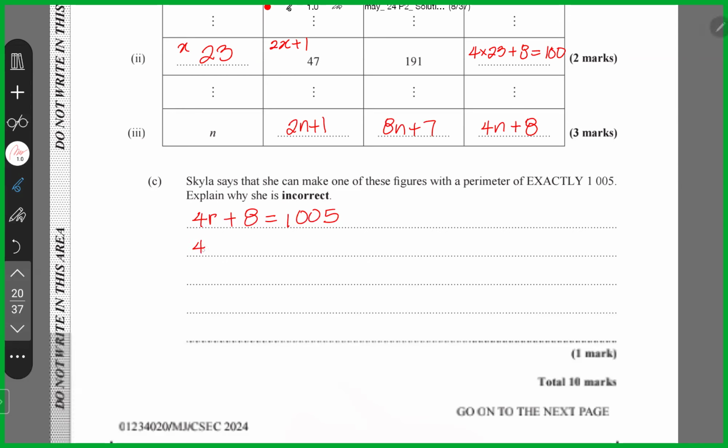So 4r would be equal to 1005 minus 8. So 4r would be 997.